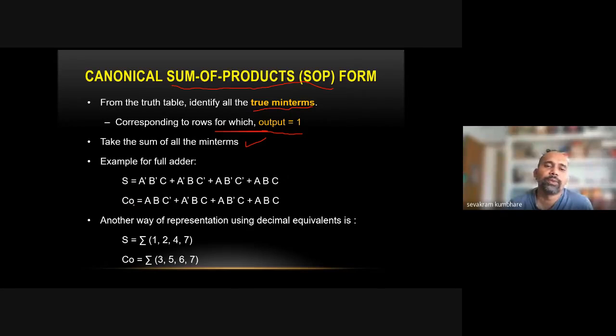Similarly, Co, meaning carry output, is equal to a bar b c plus a b bar c plus a b c. Another form for writing these two is: sum is equal to summation, why summation? Because we are adding product terms, so summation of 1, 2, 4, 7. And here summation of 3, 5, 6, 7. Now how these terms come, that we will see next.